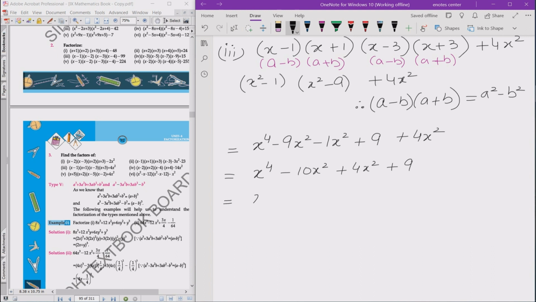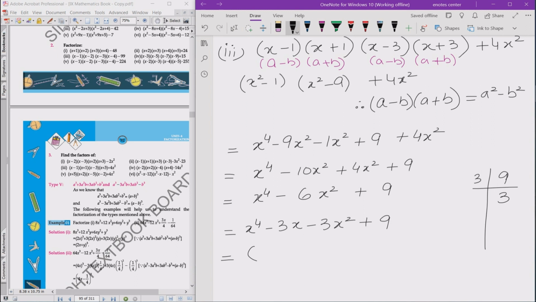So x4, this one is minus 6x square plus 9, right? So now we have 9. So 3 times 3 is 9. So these are the factors of this one. Sorry, this one is also minus 3x square plus 9.